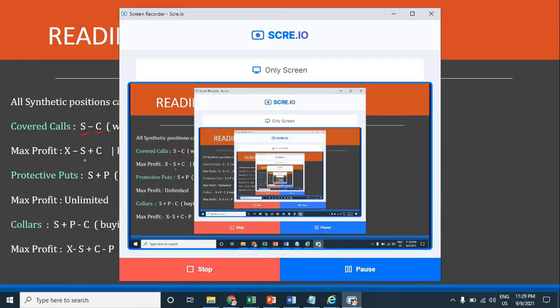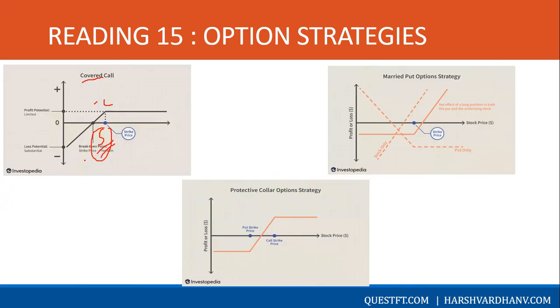So what could be the maximum profit and maximum loss on this covered call? You have the stock, and at this level you have to deliver the stock. So your maximum profit will be this line. This line can be your maximum profit, because over here if the stock reaches, you have to deliver the stock. So your maximum profit will be X minus S, that is the strike price minus the stock price.